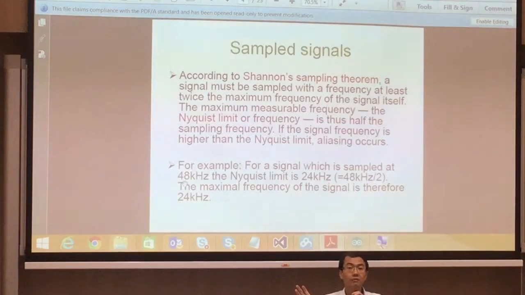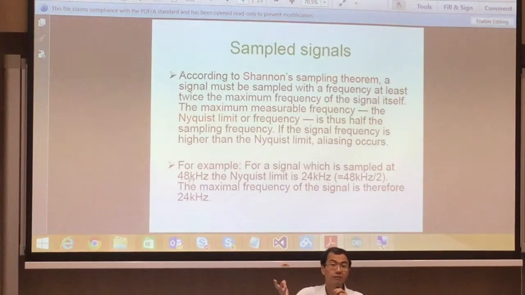That means according to Shannon's sampling theorem, the sampling frequency for our voice needs to be at least 2 times that. So the minimum is 40 kilohertz.